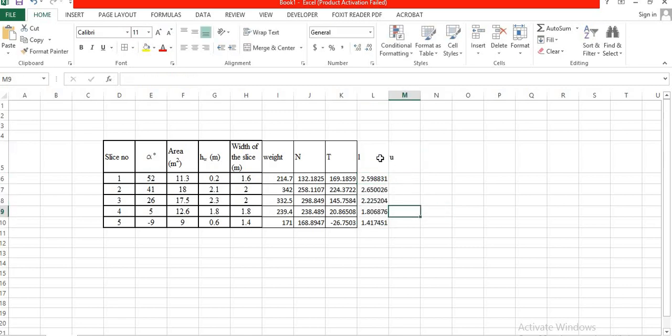Then to calculate u, it is HW into gamma W, which is 10, so we can multiply this by L, or you can just write both as UL straight away. So UL is HW, gamma W is 10, multiplied by the L value, so we have UL.